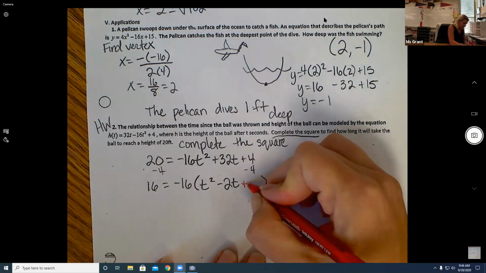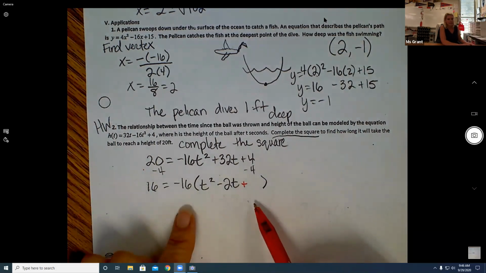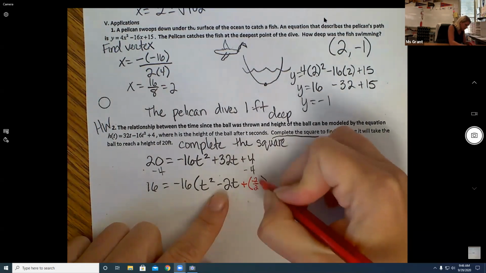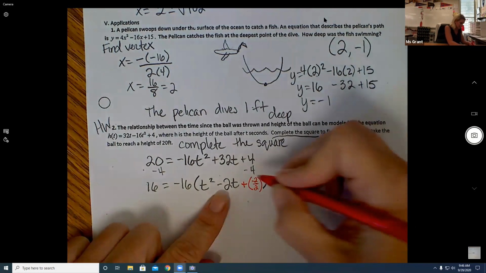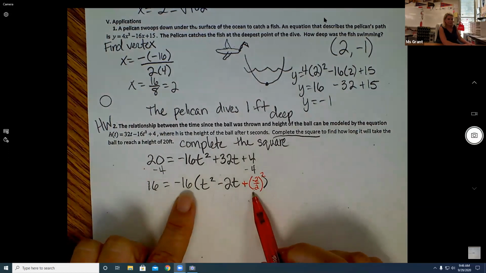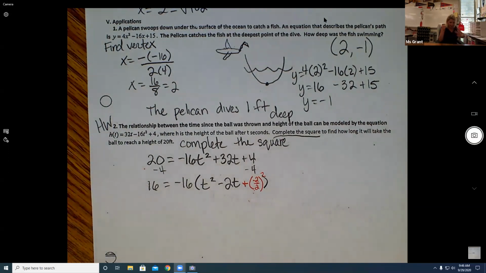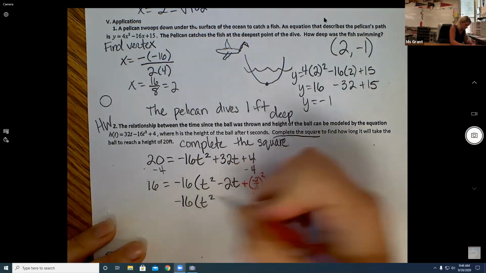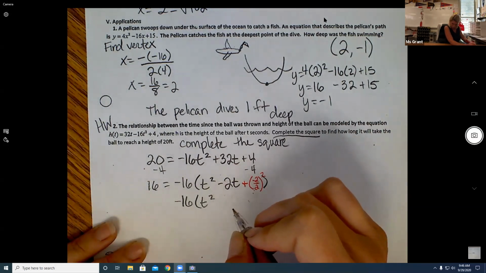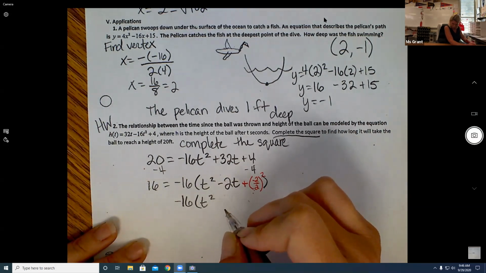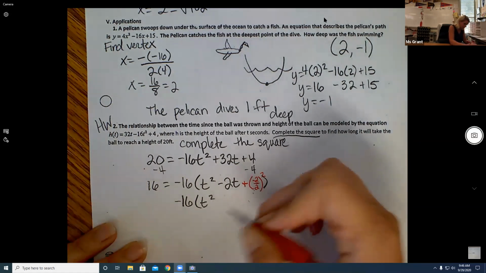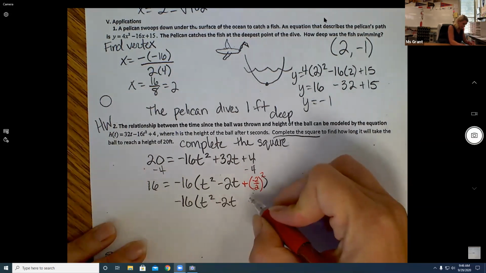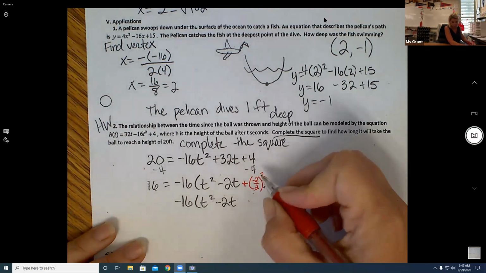Okay, add to both sides. Now remember, I factored out a negative 16. So I'm going to add half of negative 2, squared. Here's what you're going to add: t squared minus 2t plus negative 1 squared.